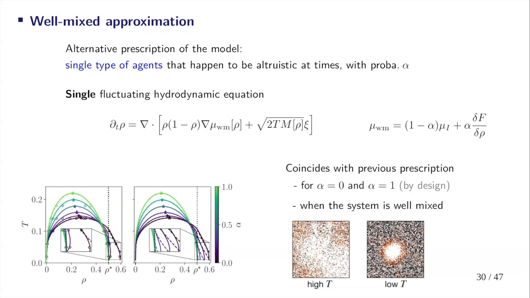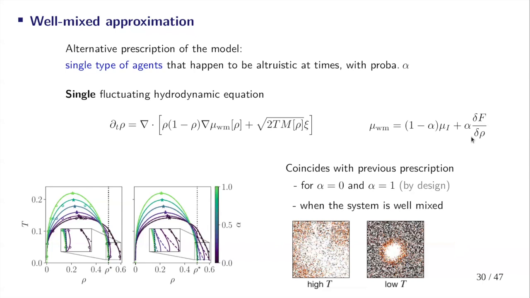Can you give more information about this chemical potential? What is new is that the individual one is a constant, and for the other one we now put a derivative of a sort of free energy. The well-mixed chemical potential. Can you explain how you deduced this form? How did I deduce this form?